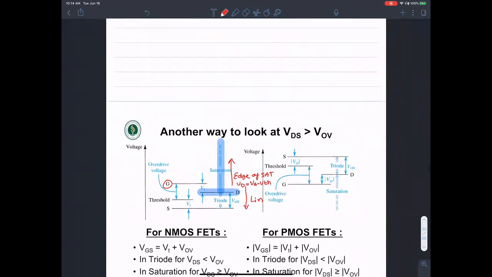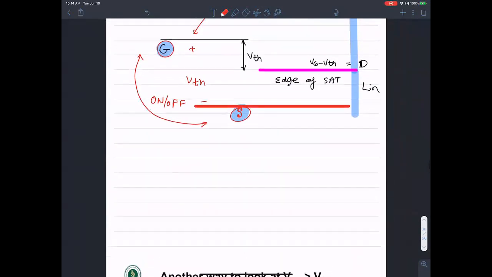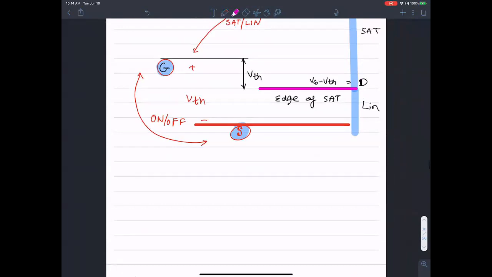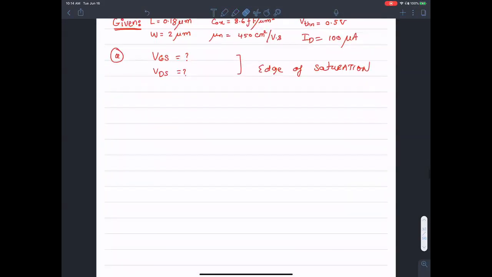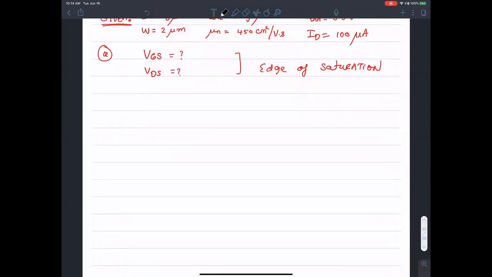Like the limits of saturation where it ends. Correct. The limits of saturation, and we just defined that, didn't we? VD, the drain voltage, is VG minus VTH. I'll write that equation here. What's the expression for the saturation condition?